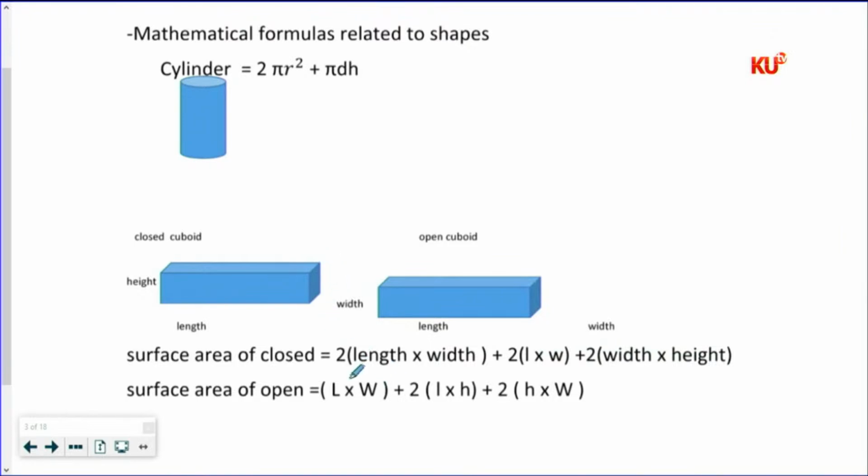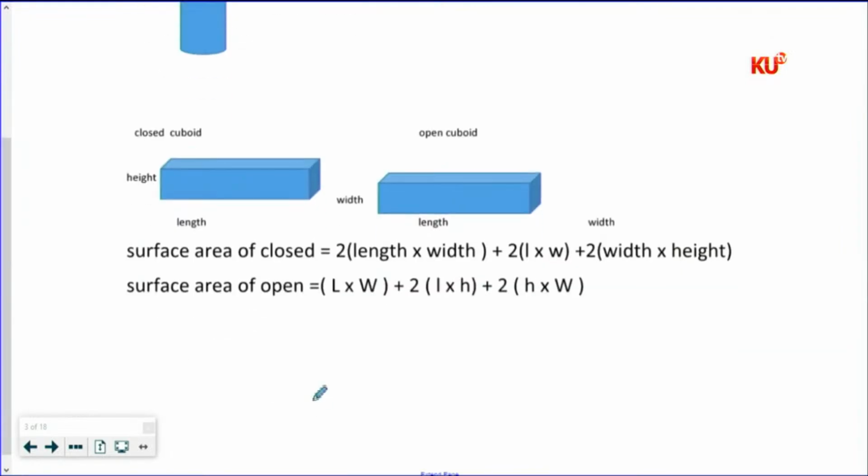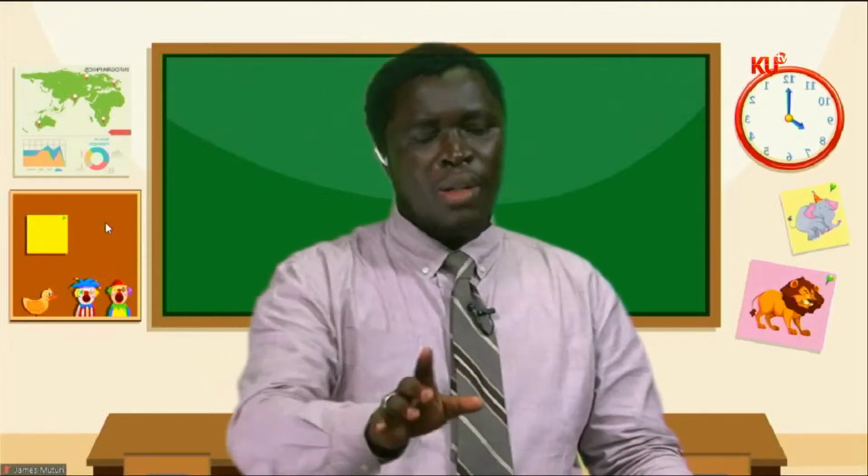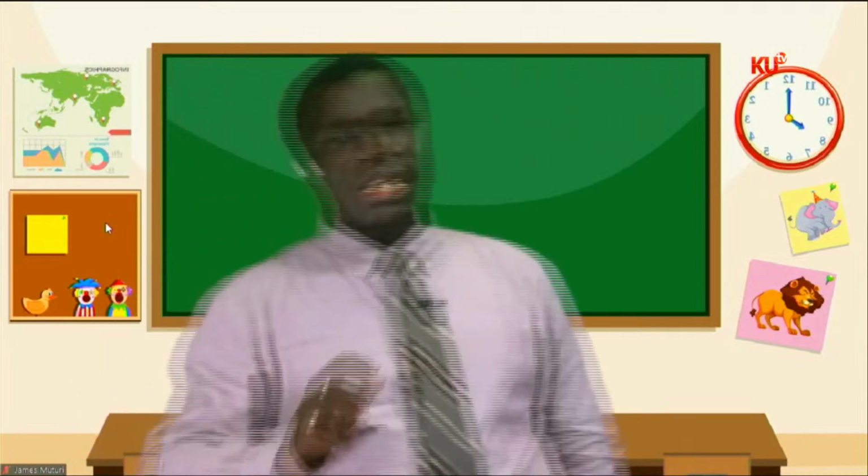Using the initials, surface area equals 2 into length times width, plus 2 into length times height, that is for this one and this one. That is all about a closed cuboid.